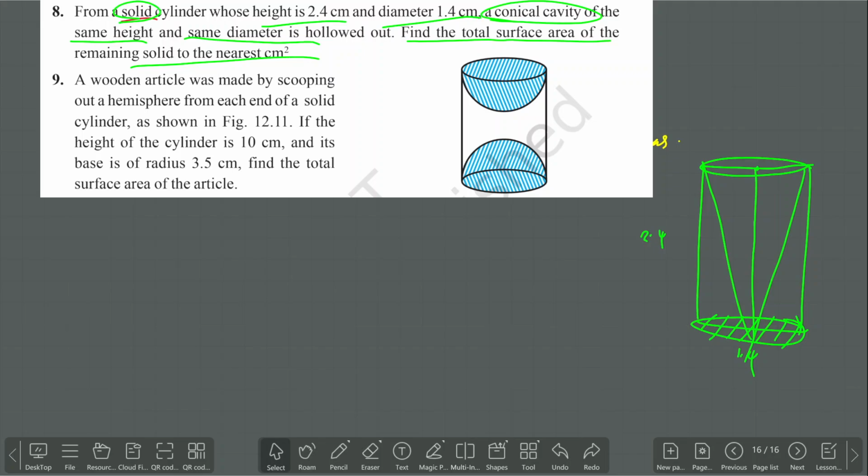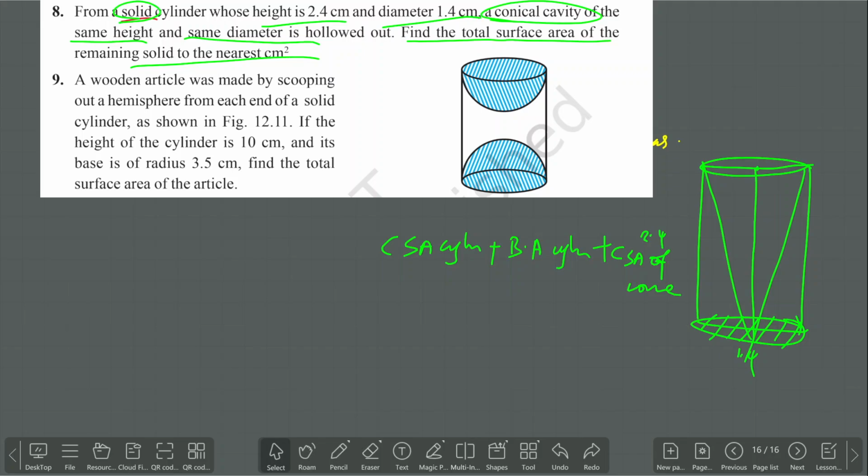Okay, it's an included portion then. Then cylinder you take first, CSA of cylinder plus base area of cylinder, plus from the top view, if you are looking from the top, cone also is visible, then CSA of a cone we are taking.